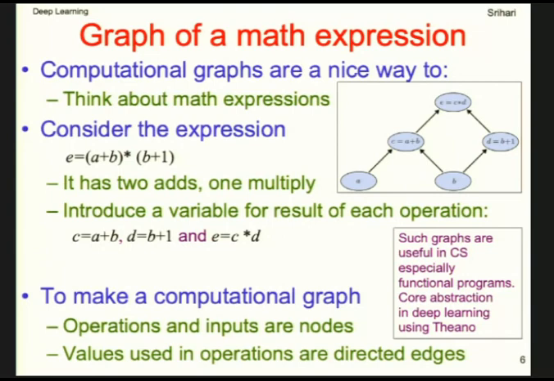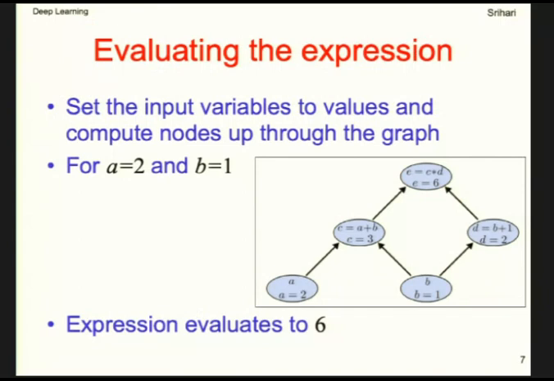These are inputs A, B. Operations such as A plus B or B plus 1 are nodes, and values used in operations are directed edges. Let's see if that is illustrated in the next slide here. Okay. So we take values, set the input variables to values, and compute nodes up through the graph.